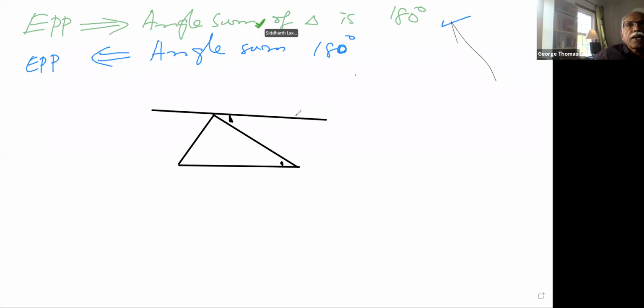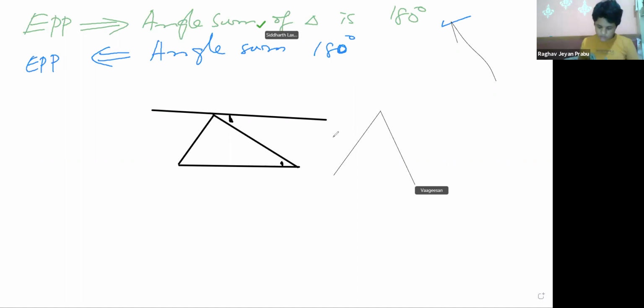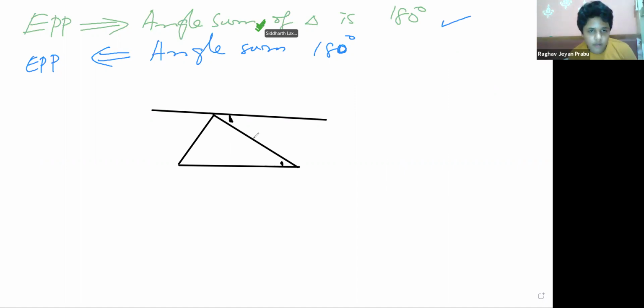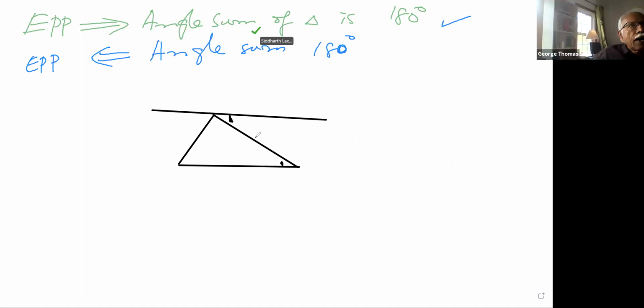I will grant that. There exists a line here that has the same angle. Okay. Yes, sir. And then what? And then, by converse of AIAT, we can say that these two lines are parallel. Wait a minute. You cannot assume converse of AIAT.